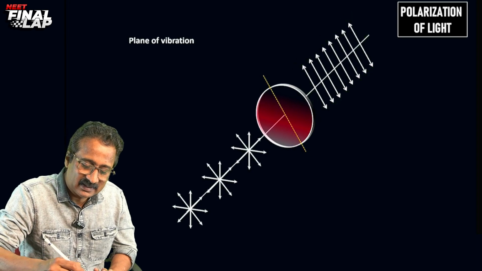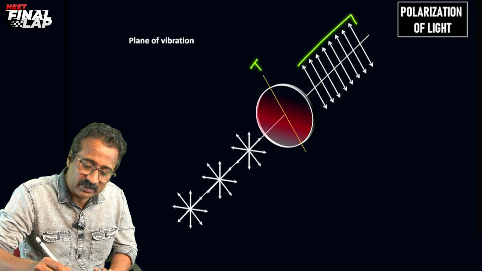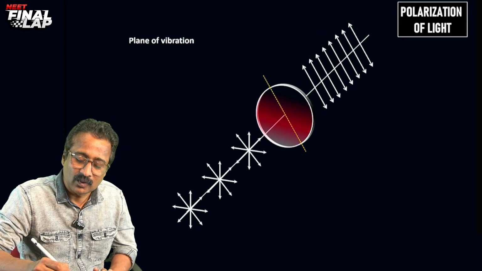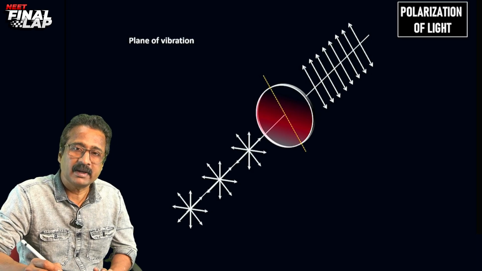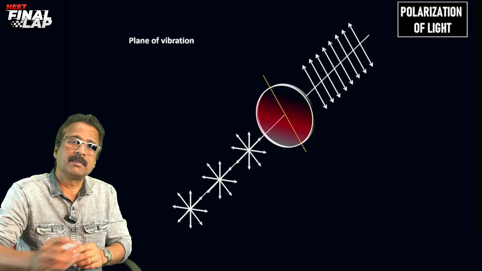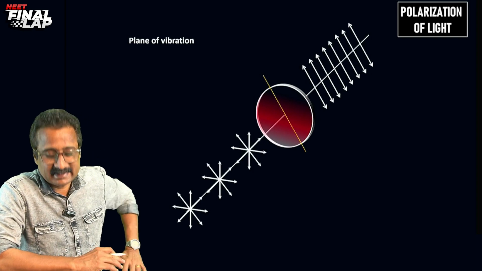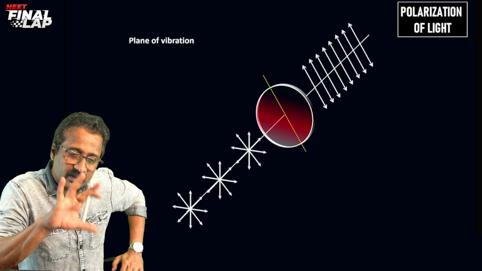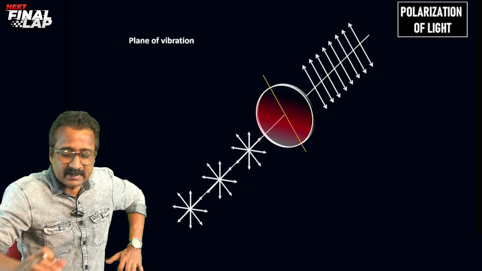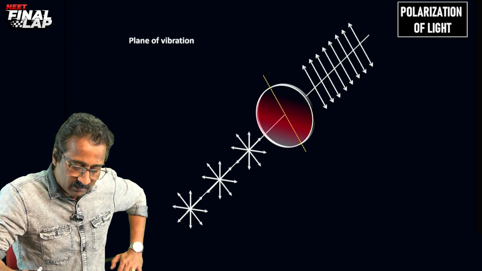You'll see that when the t-axis is inclined, then the plane of vibration also will be inclined in the same way. So make sure that always the plane of vibration will be parallel to the t-axis. If you are tilting the t-axis, accordingly the plane of vibration also will be tilted. So that's something about the transmission axis. Now, the transmission axis is the direction that's parallel to the vibrations. That's actually a property of the material.